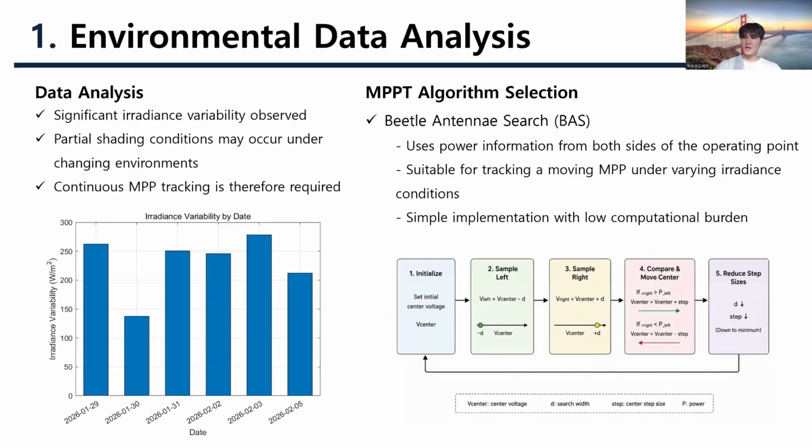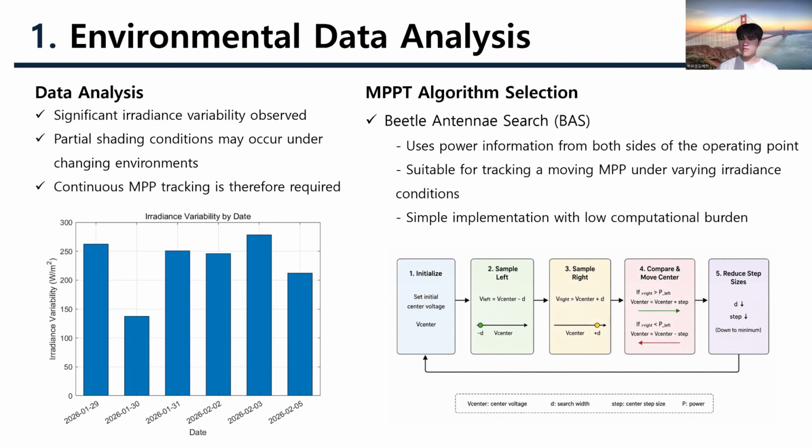So looking at the solar irradiation data collected from January 29th to February 5th, we observed significant variability across all measurement days. In particular, on January 30th and February 5th, rapid irradiance fluctuation suggested intermittent cloud cover, which can be interpreted as partial shading conditions.